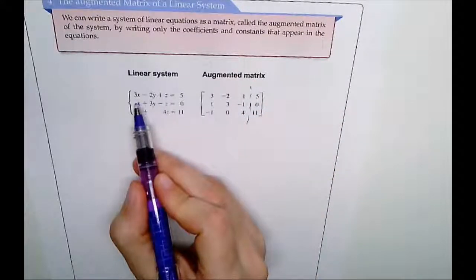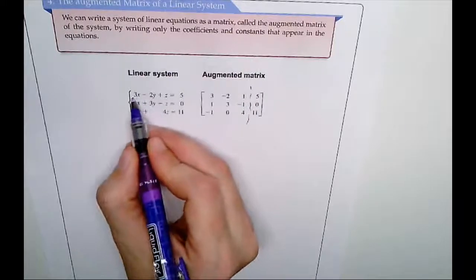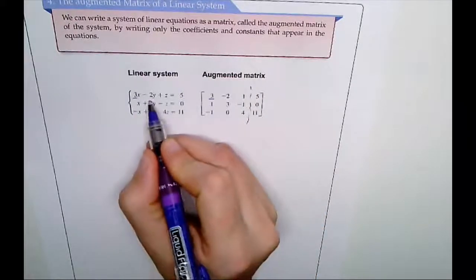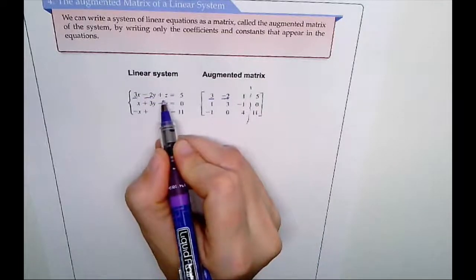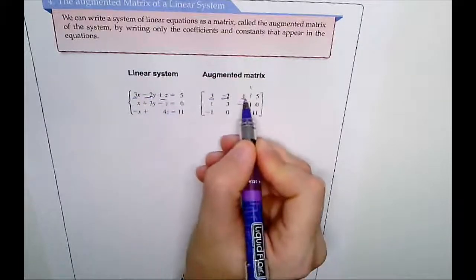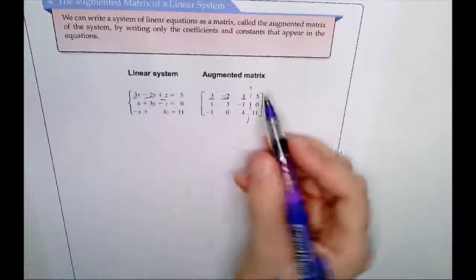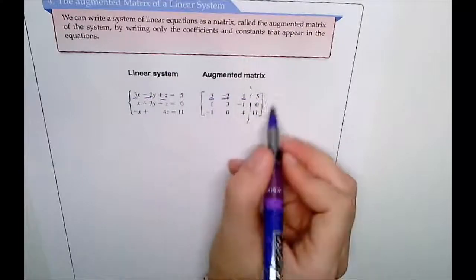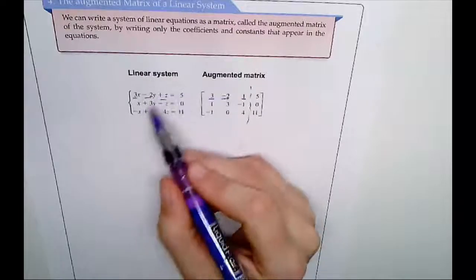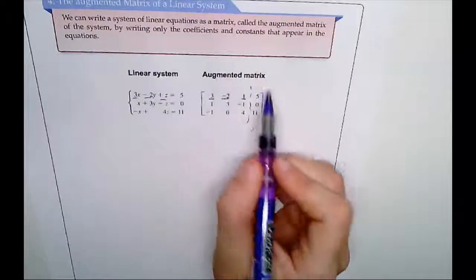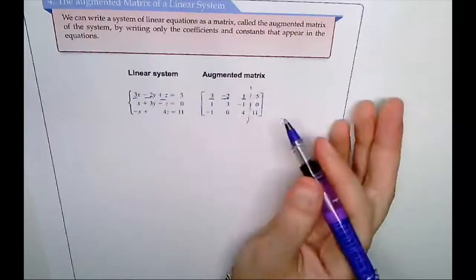So if you look at the first line, the coefficient of x is 3, so 3 goes there. The coefficient of y is negative 2, so negative 2 goes there. The coefficient of z is 1, so 1 goes there. And then the free term is 5. So this is how I can convert the information given by the linear system into what we call an augmented matrix.